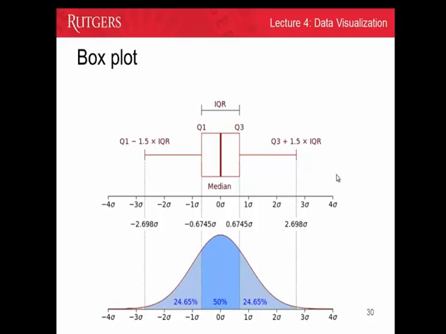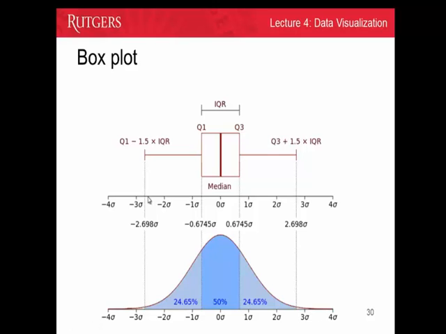There are some different kinds of variations of the box plot. Sometimes the whiskers indicate the minimum and maximum of all the data, while they could also indicate one standard deviation above and below the mean of the data.